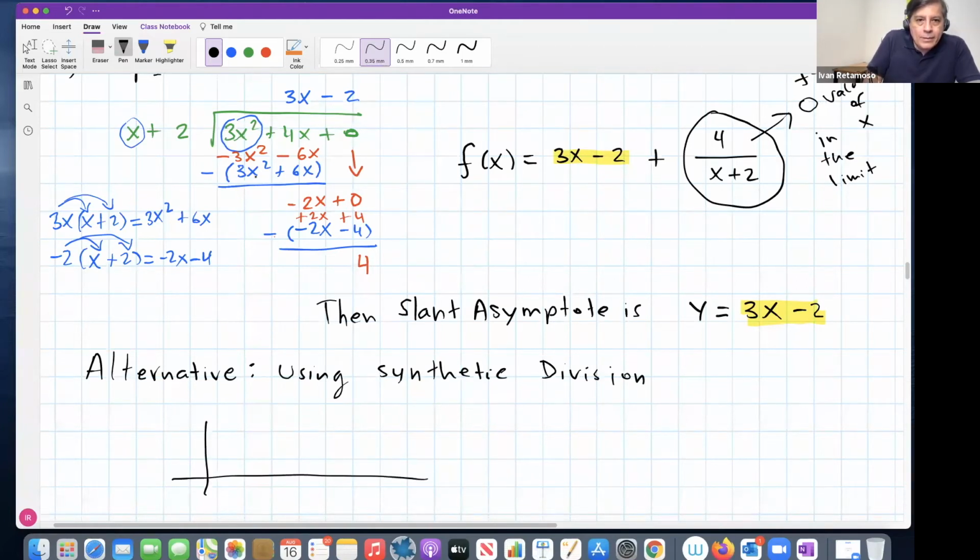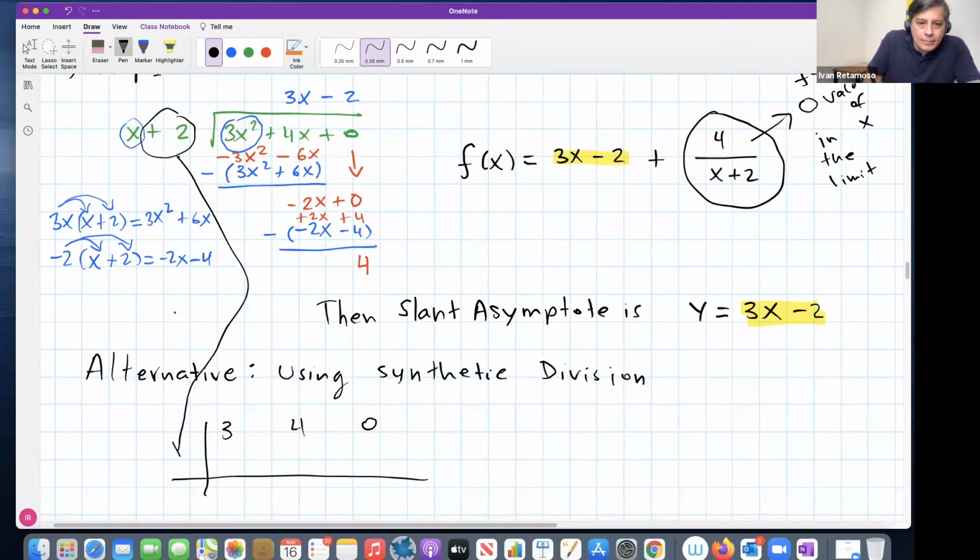If you just work with the coefficients and you write 3, 4, and 0 here, and on this corner, you write the opposite of this guy, the opposite of the 2. Negative 2, you can do this.